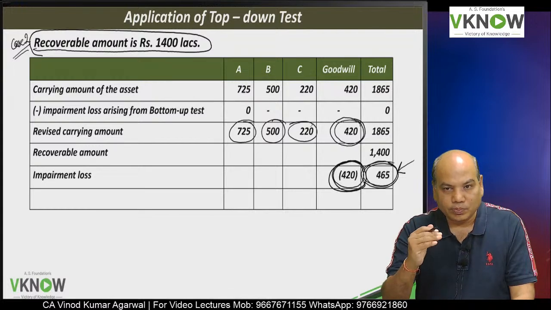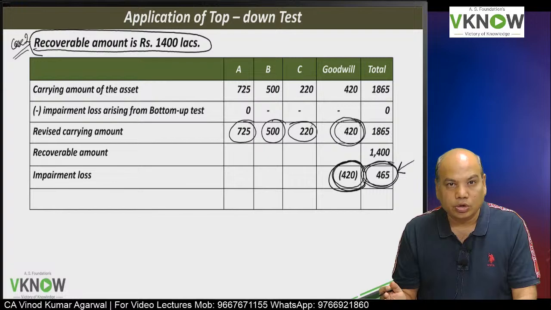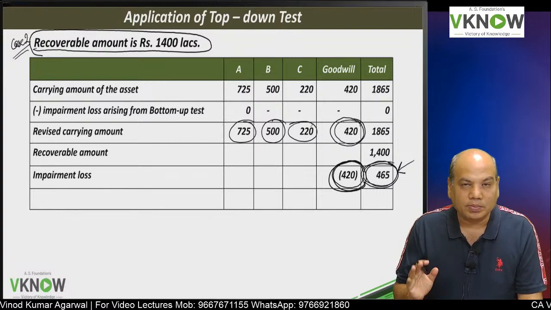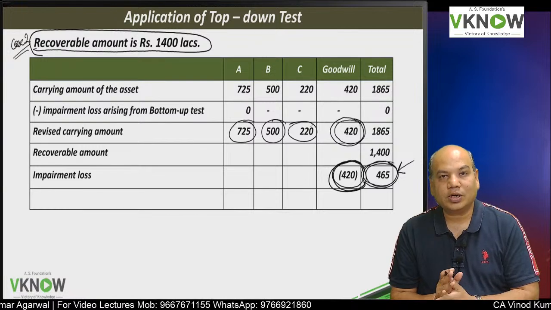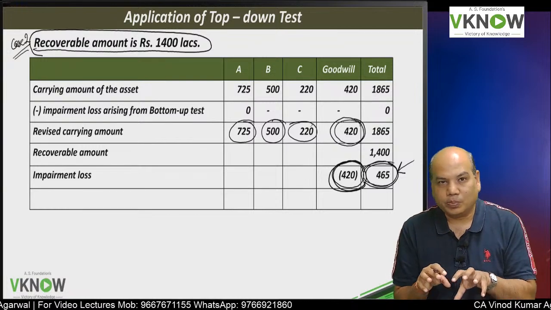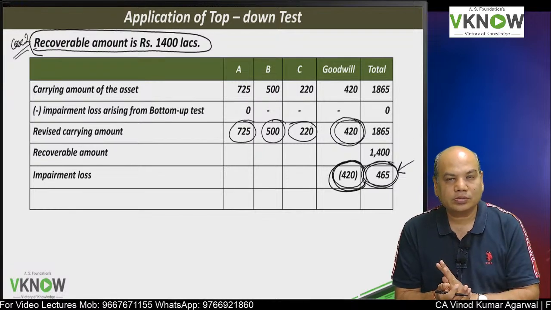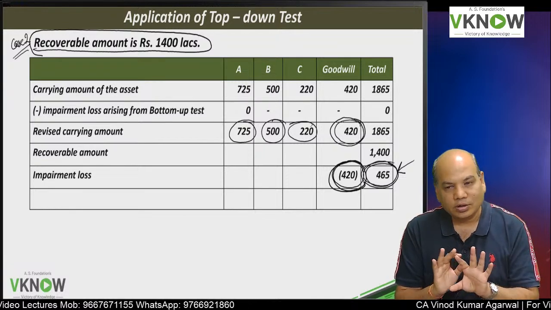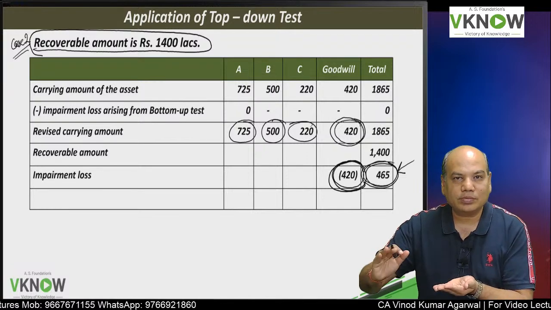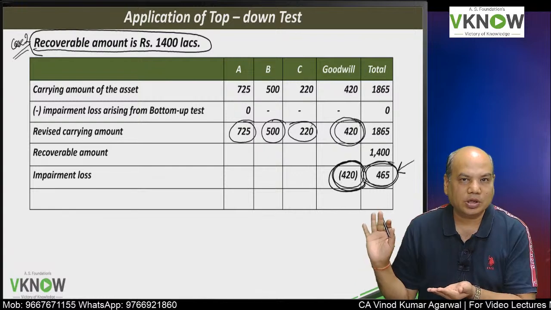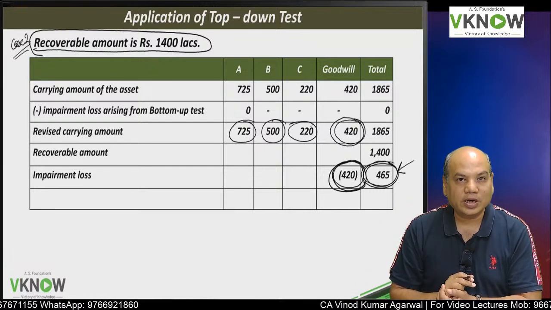So if they have been not impaired in the bottom up test, there is no need to further allocate impairment loss, because in the bottom up test, whatever impairment loss we could have allocated, we have allocated. Whatever haircut we had to give, we have already given. No hair left, so no further haircut.